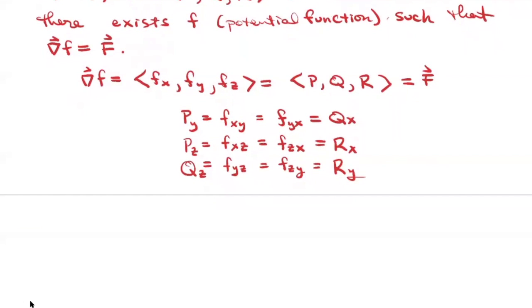So that's the third one, and there are no other mixed partials. Every mixed partial has been brought up now. Okay, so this is a 3D test for conservativeness. Okay, any questions?